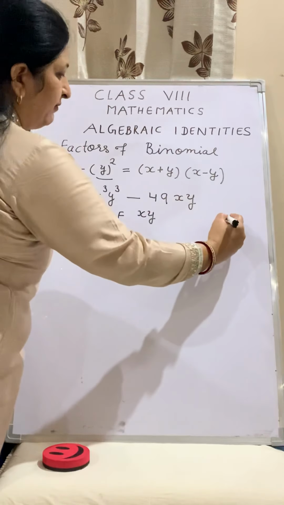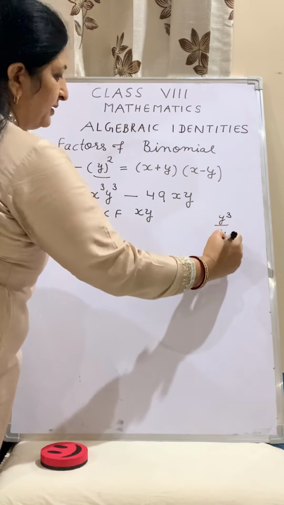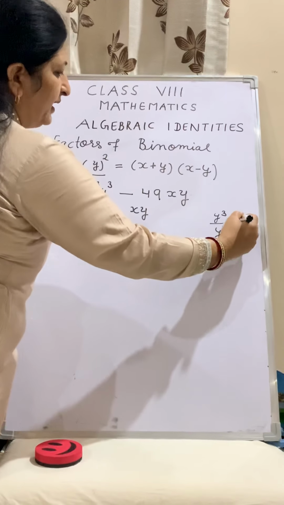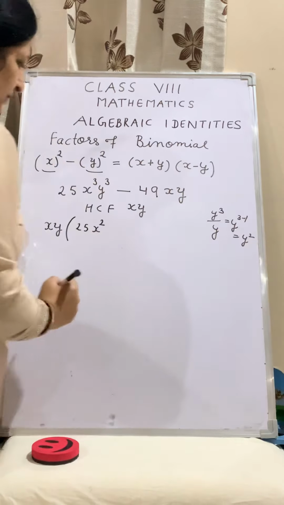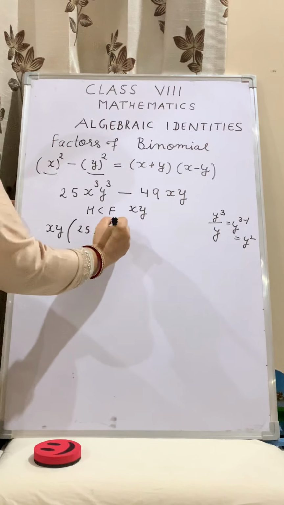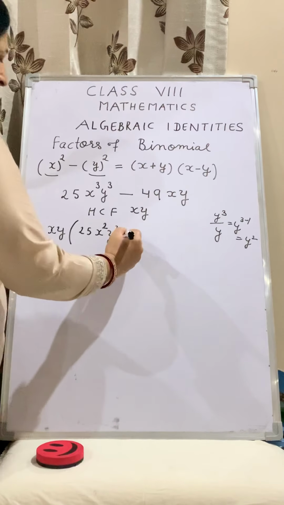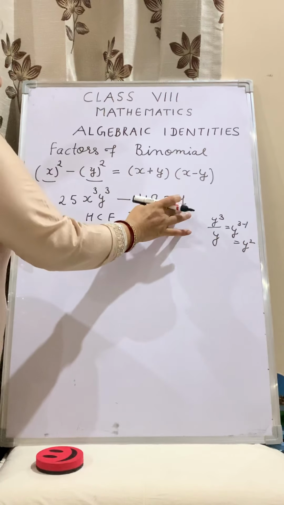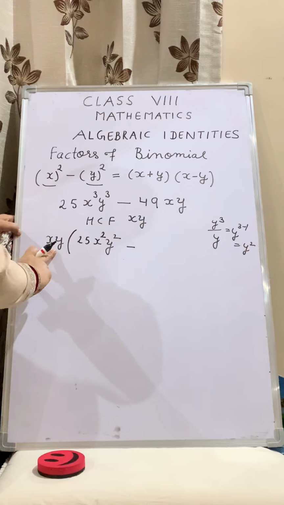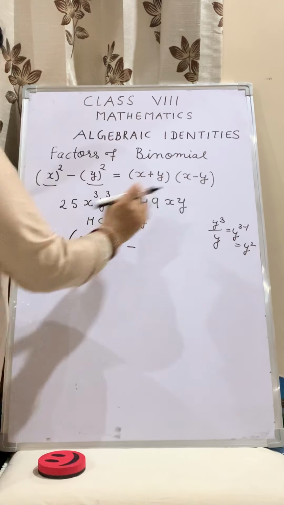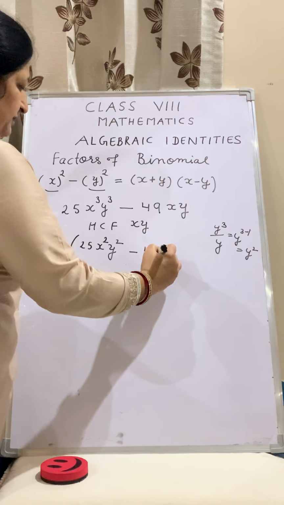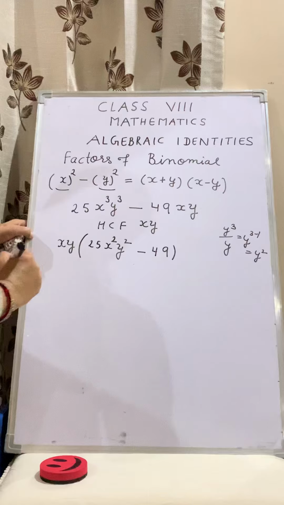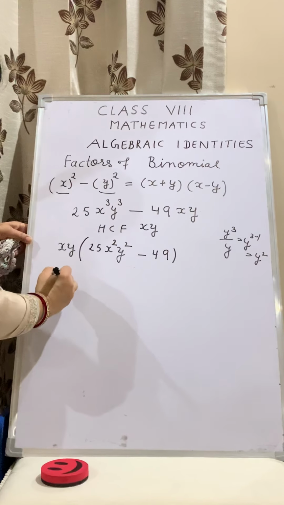When we divide y cube with y, it is y to the power 3 minus 1, it is y raised to power 2. Now sign minus, second term divided by xy. So xy cut with xy, only 49 left. We will write first factor.